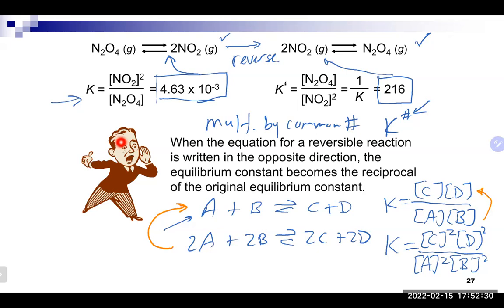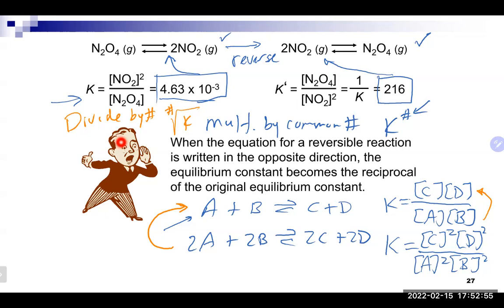If you had to divide everybody by 3, you would take the cubed root. So if you have to divide an equation by a number, you basically take the root of the K value, to whatever that number is. So again, if you divided by 3, you would take the cubed root. Divided by 4, take the 4th root. And if you divide by 2, you would obviously take the square root.